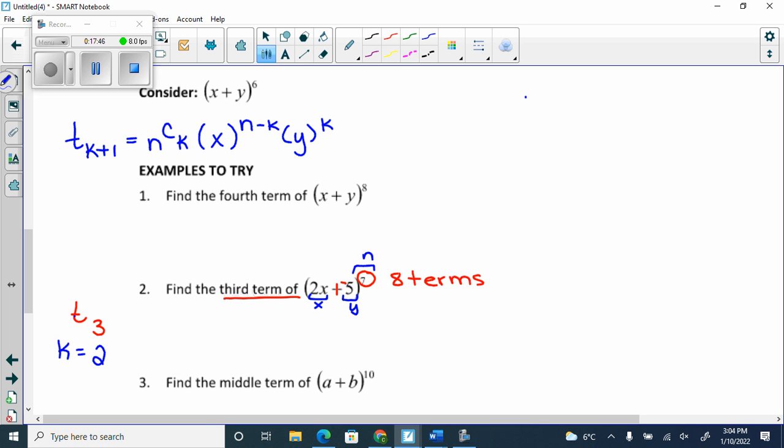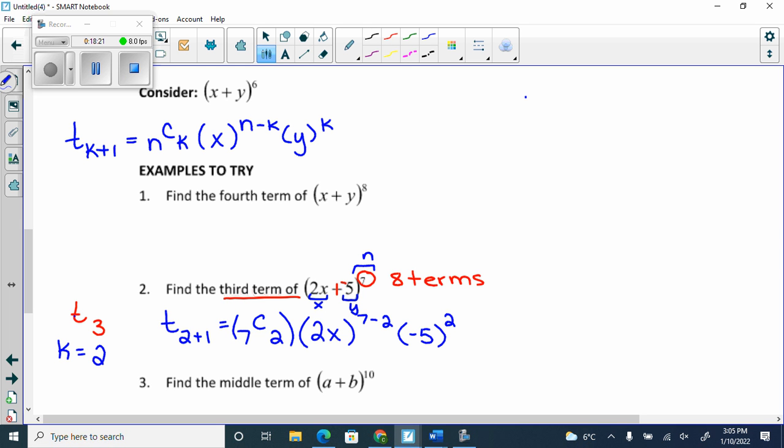So term 3, so we're going to go t_(2+1), right? Because I'm filling it right into this formula. Do you see that? t_(2+1), which is actually 3, equals n, which is 7, C k, which is 2, to the x, which is 2x, n minus k, so 7 minus 2, and then y, which is negative 5, to the k, which is 2.